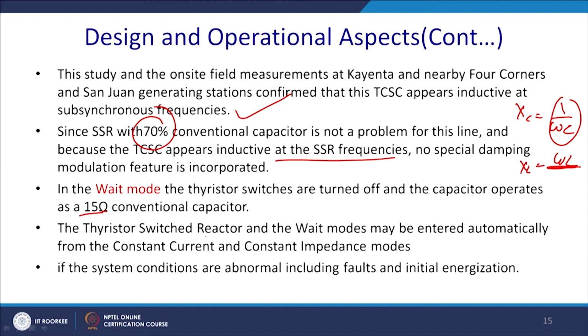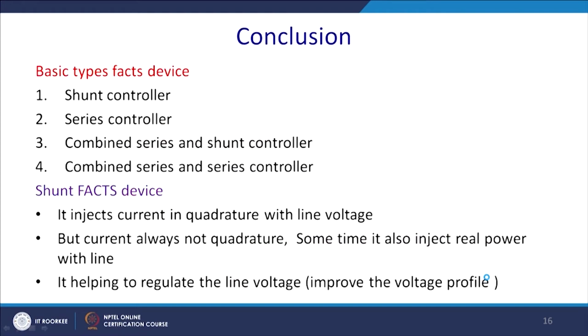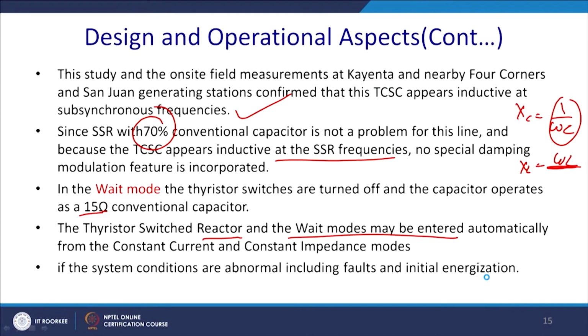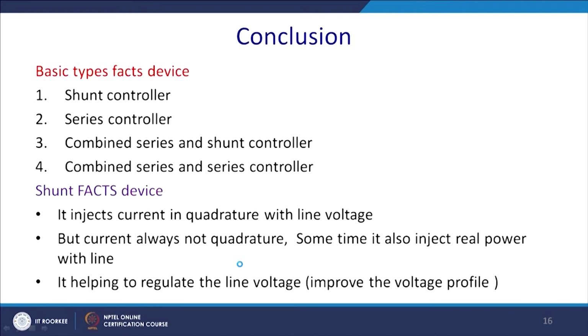The thyristor switch reactor and the wait mode may be entered automatically from the constant current and constant impedance mode if the system conditions are abnormal during fault or initial energization, then we can go for this changeover mode.